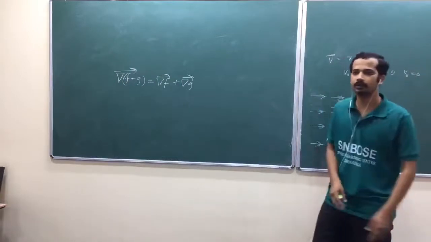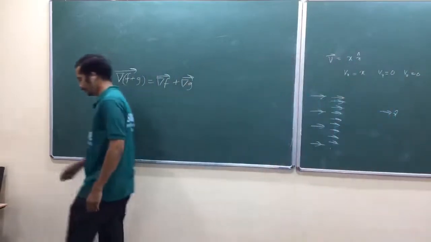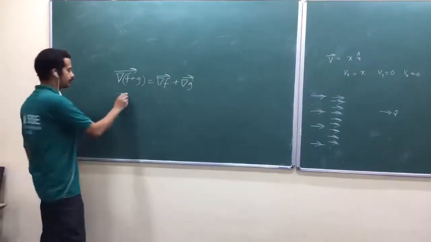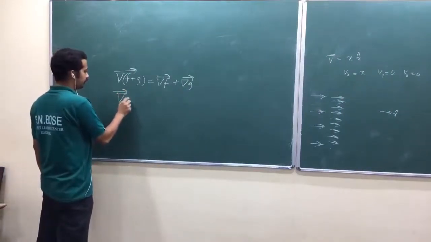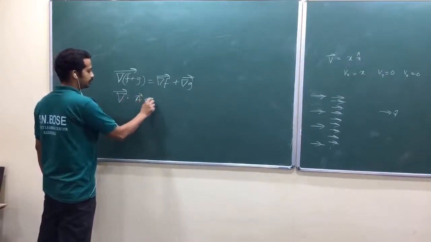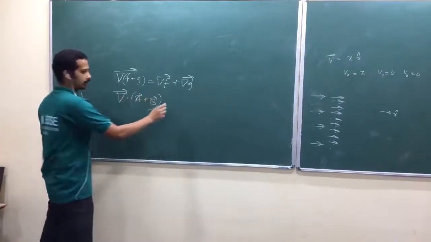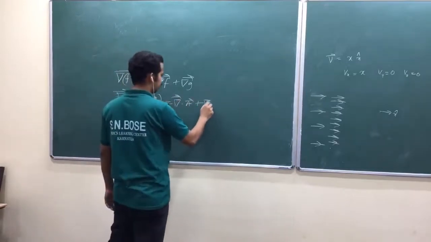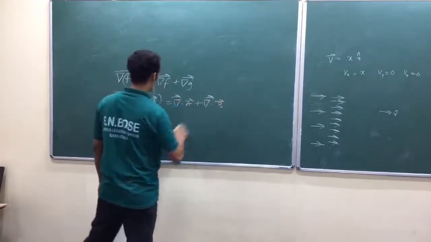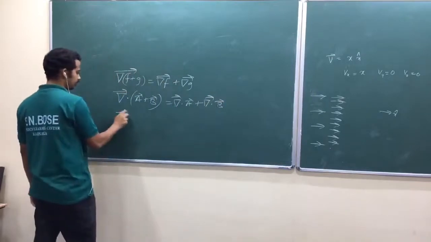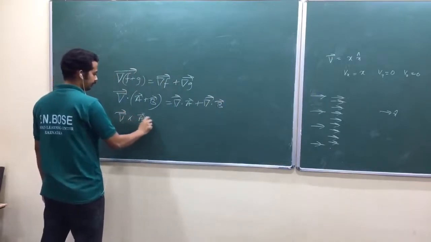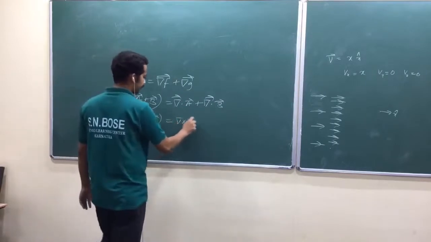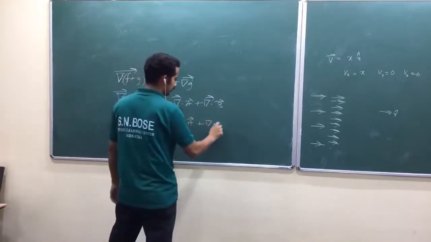That's why if you have an addition of two vector functions, del dot a plus b, you can write as del dot a plus del dot b. Similarly, del cross a plus b is equal to del cross a plus del cross b.